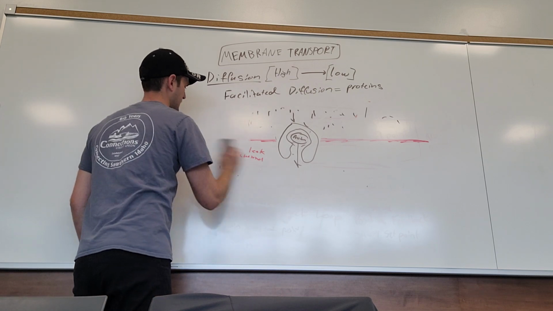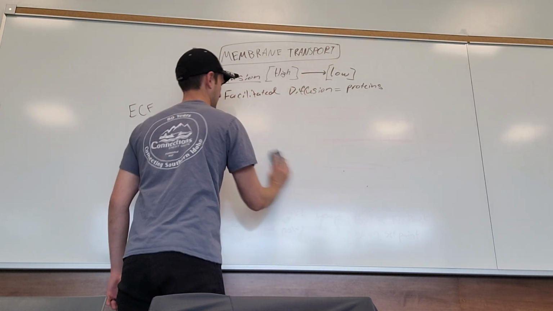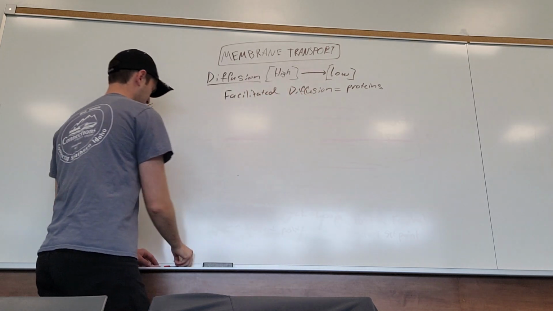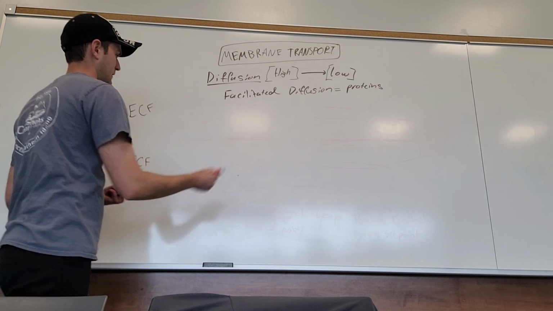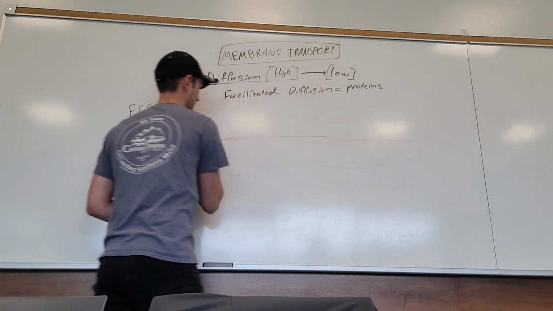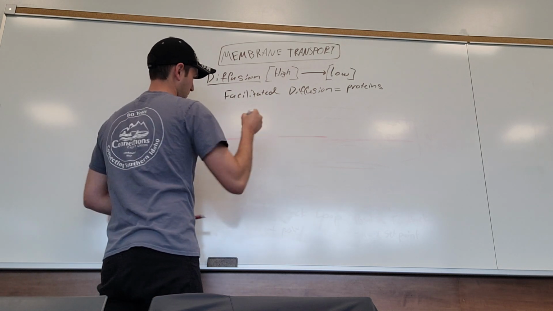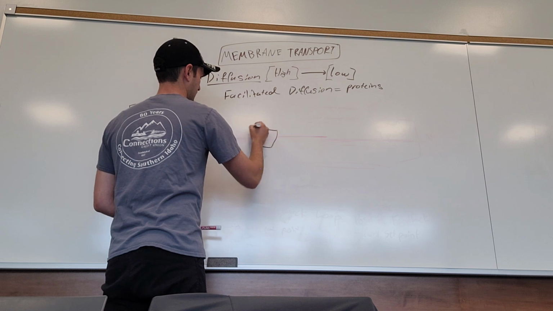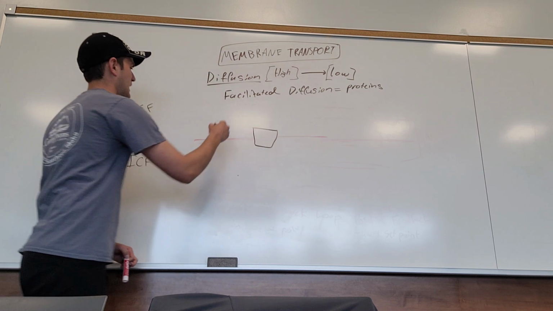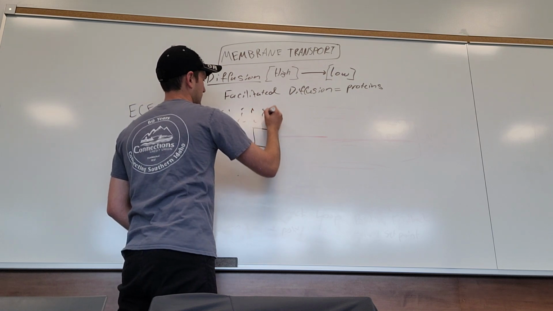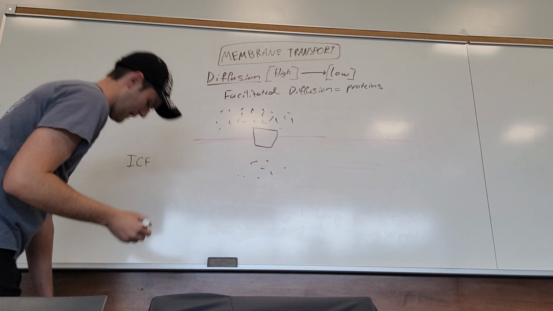let's erase all this. With facilitated diffusion, because we need proteins to cause that to happen, let's draw our membrane back. So let's draw a little protein here too. Won't be super detailed. We'll just put some sort of protein there. All our high solutes over here, low solutes over here.